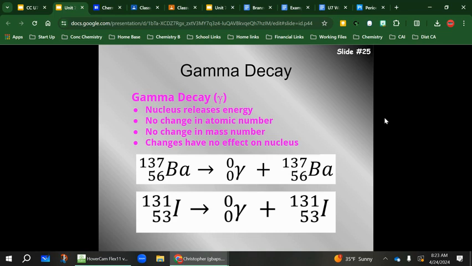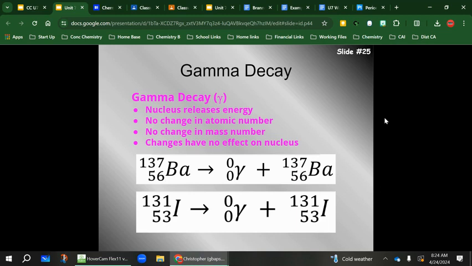So which of the three is the most dangerous? Why? Well, because it does not change at all, but still, it could kill you. Good catch, Kevin. The other ones, when they undergo decay, they become a new element. That new element may or may not be radioactive. If it's not, done.